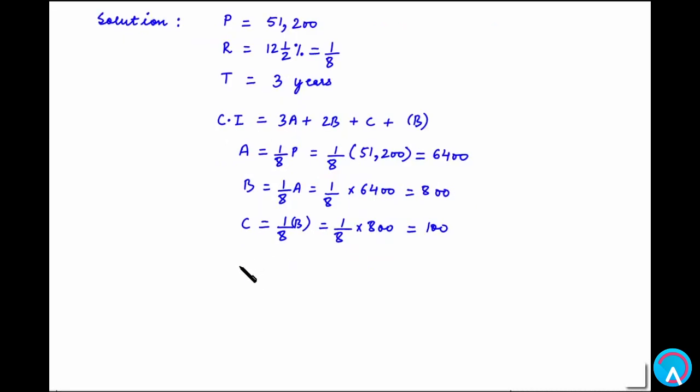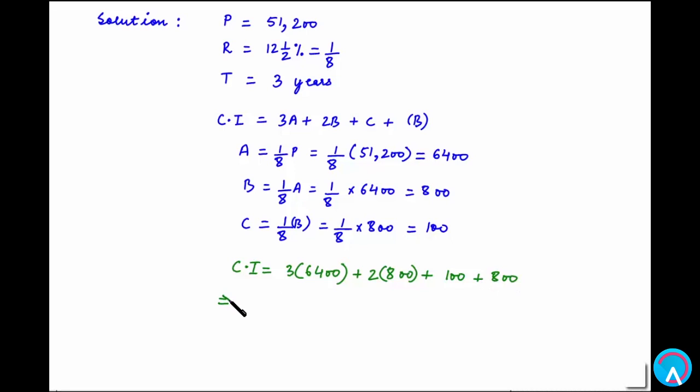So, calculating compound interest here, compound interest will be equal to thrice of a, so that is thrice of 6,400, plus twice of b, so that is twice of 800, plus c, that is 100, plus b, that is 800.